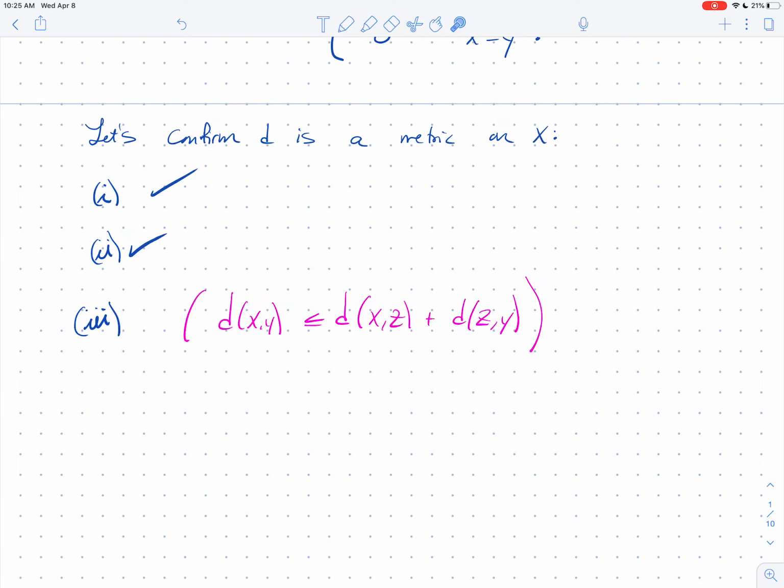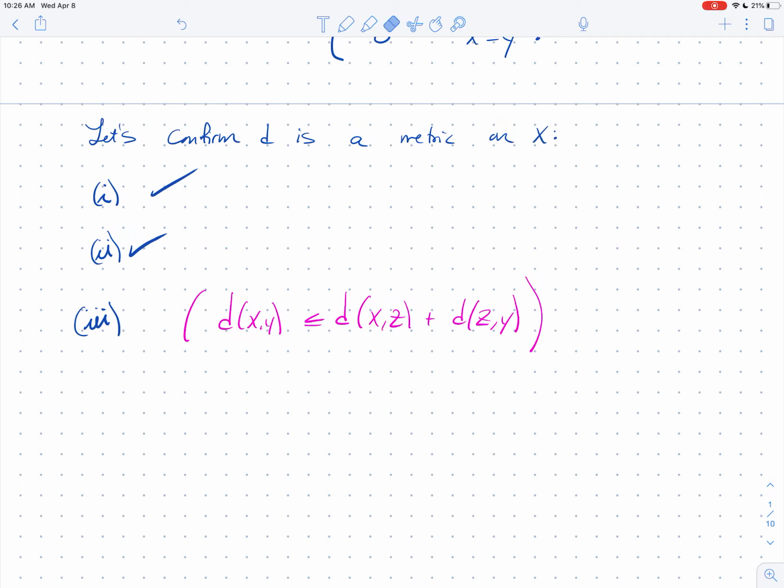If this one is 0 and this one is 0, we get 0 less than or equal to 0, we're good. If one of them is 0, the other is 1, 0 is less than or equal to 1, we're good. If they're both 1, 0 is less than or equal to 2, we're good. So there's no problems when this side is 0.